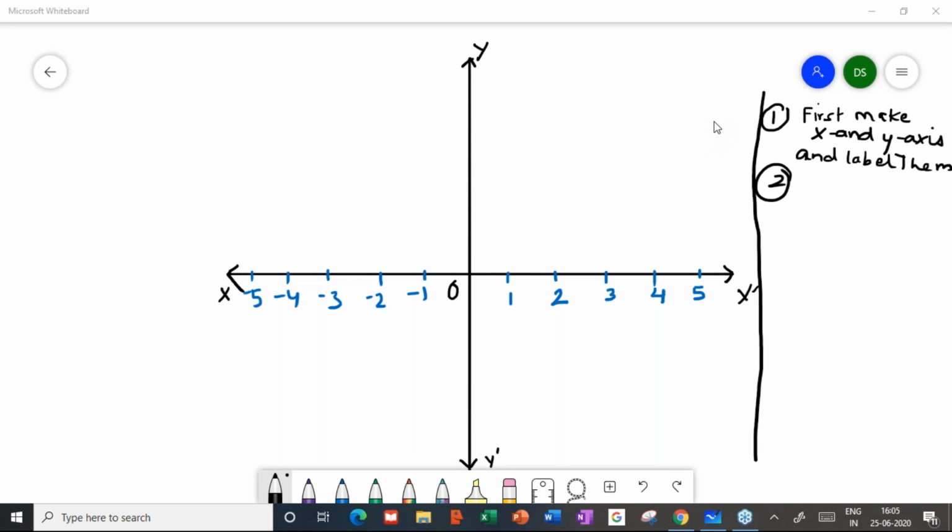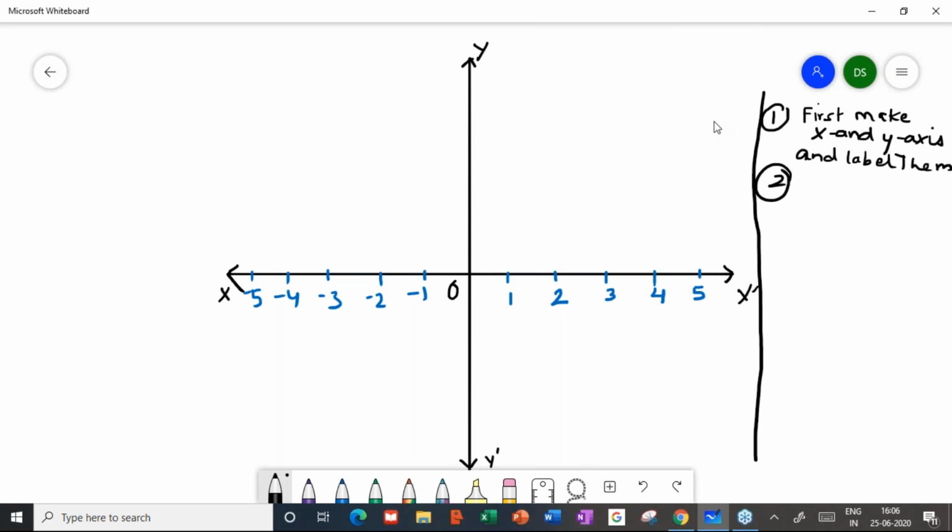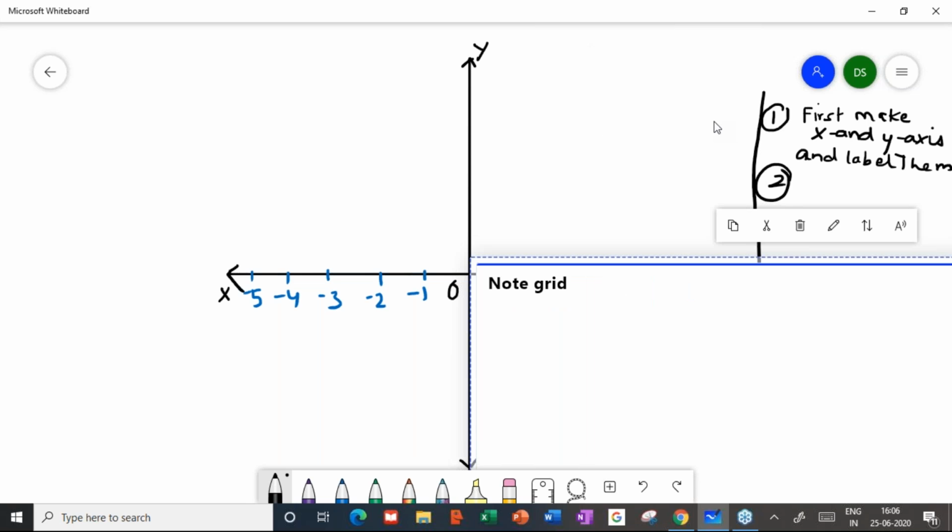I can't show here with grids because I don't seem to have grids here. Do I have grids? Oh, cool. Let me see. No, that's this.